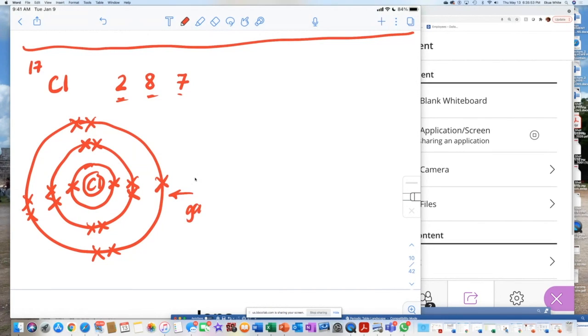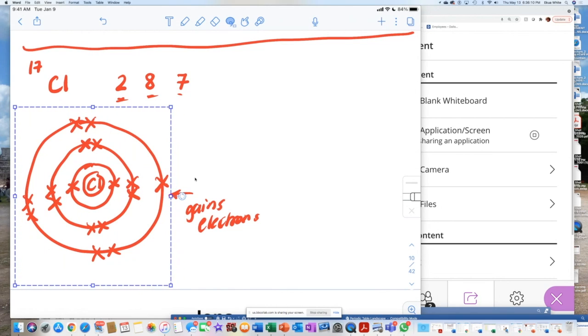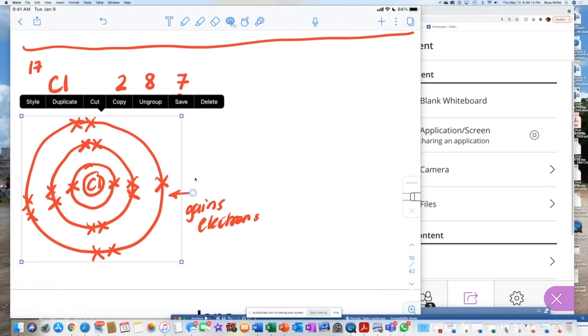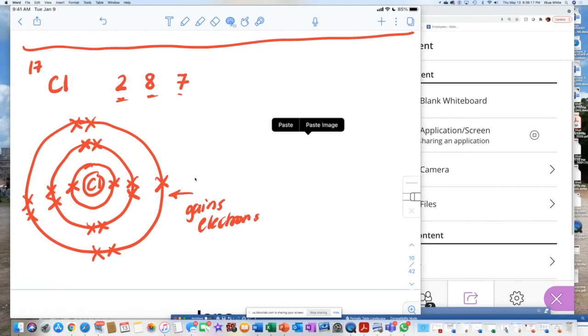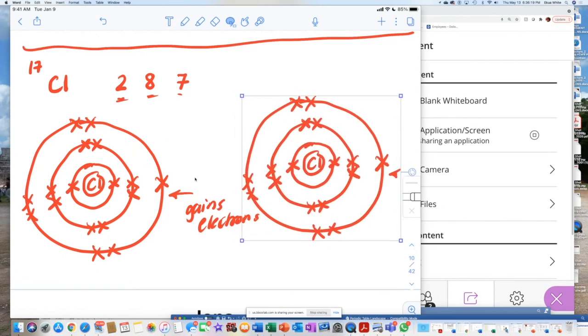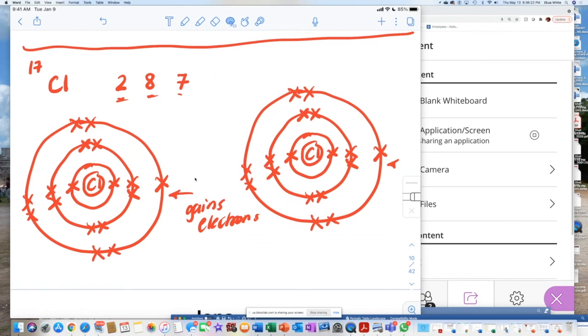So chlorine gains an electron from sodium. And when it does so, can I cheat and just copy this picture? Let me see if it allows me to paste. Paste. Yes, right here. Okay, so let me go ahead and say we add the last electron. So this will be the new electron.